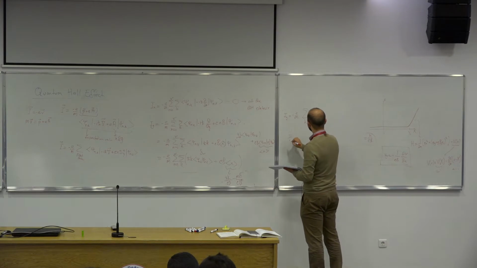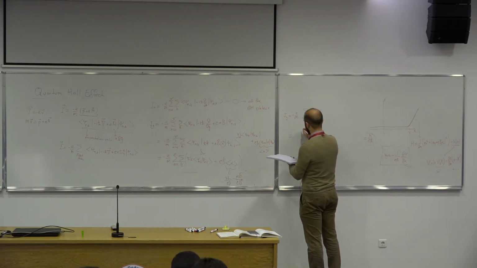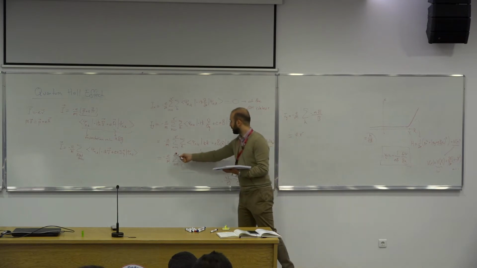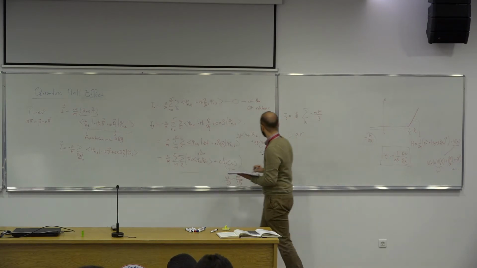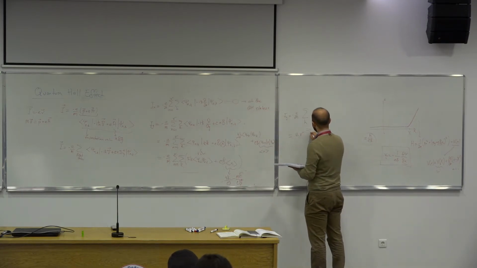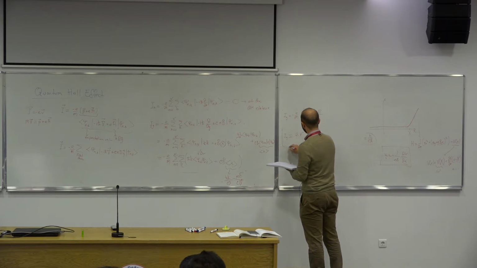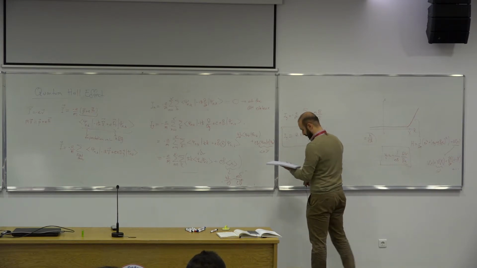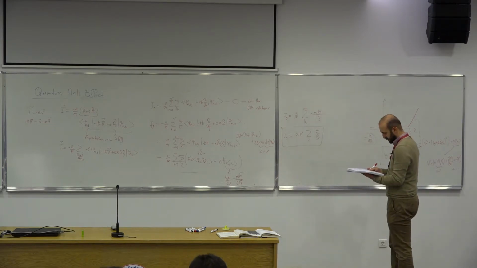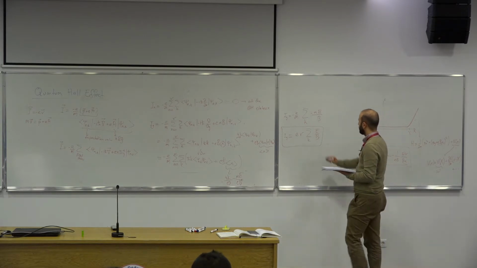So the final expression is going to be something like this. eν, which is the number of filling factors that I'll have from there, sum over k, E over B.